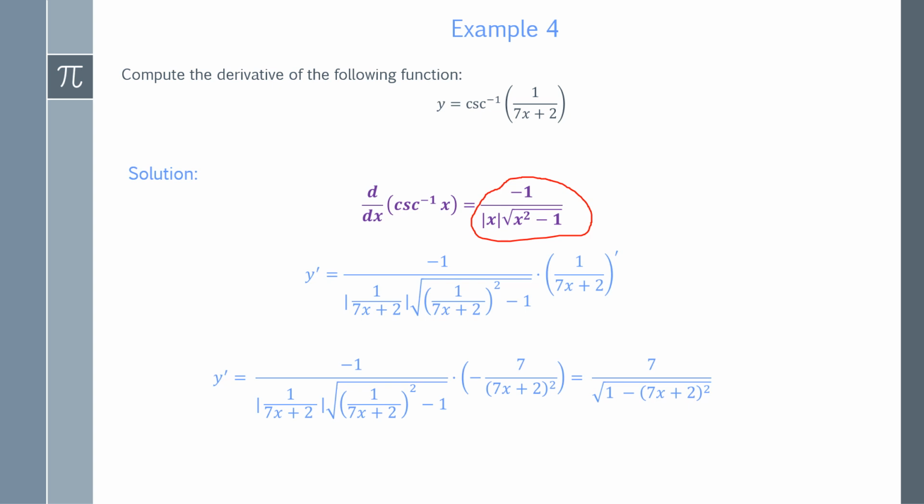And now, keeping in mind that my argument is this ratio, I'm going to plug that in everywhere I see x in the formula. So this is what we have here, negative 1 over the absolute value of 1 over 7x plus 2 times the square root of (1 over 7x plus 2) squared minus 1.